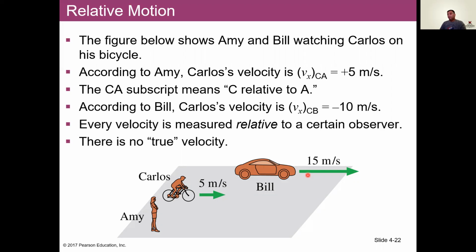Now, if you are a bystander, a person at rest standing somewhere here, then you would be able to tell that Amy has 0 velocity, Carlos has 5 meters per second, and Bill with the car has 15 meters per second.